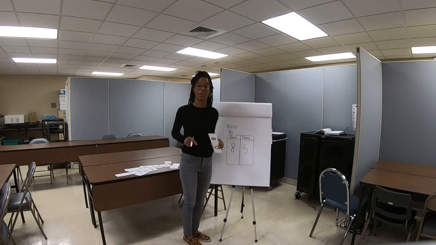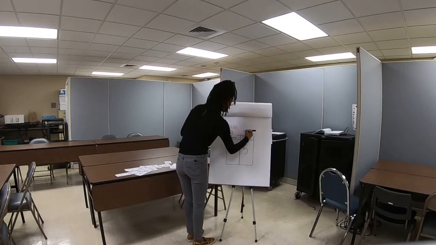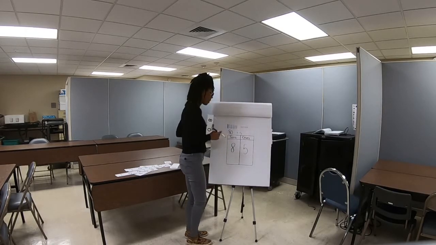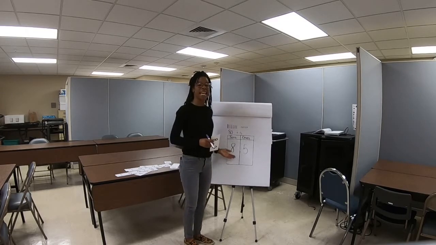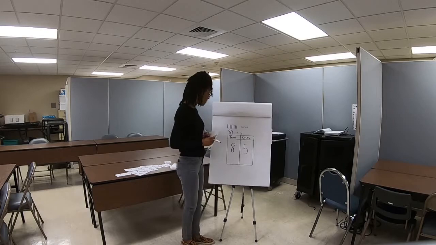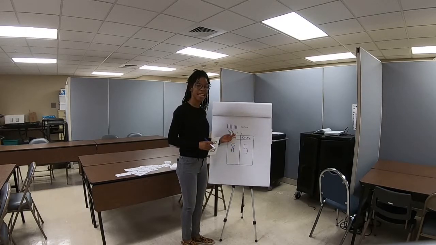We're going to draw a completed row. 1, 2, 3, 4, 5. So 85, the say 10 way, is 8 tens and 5 ones.